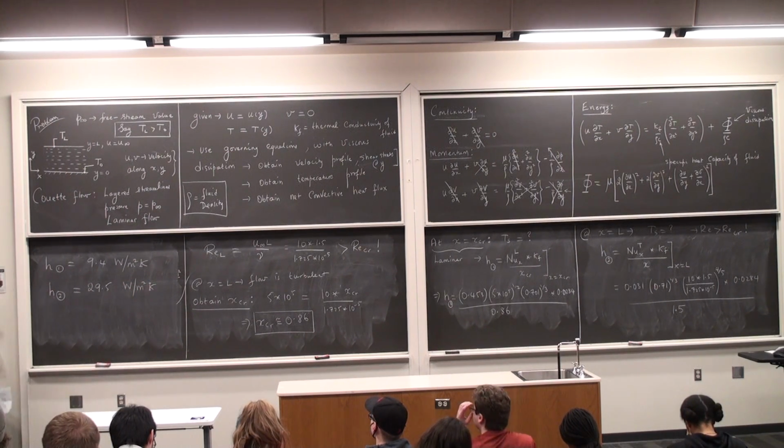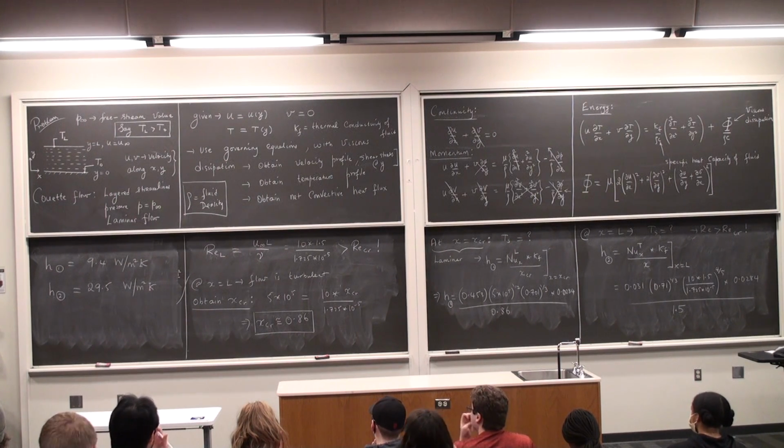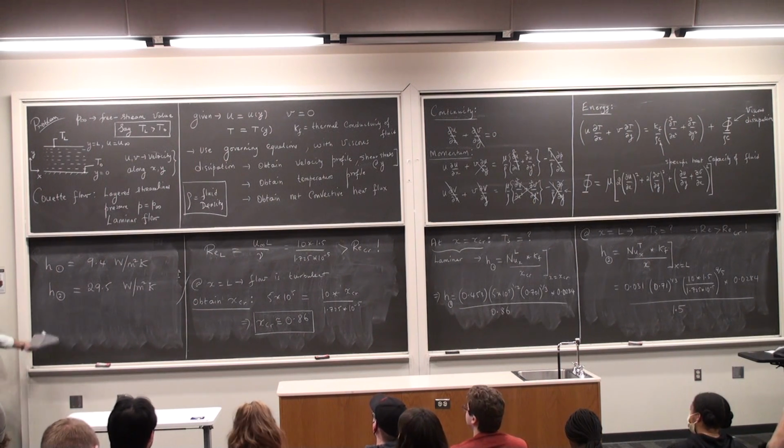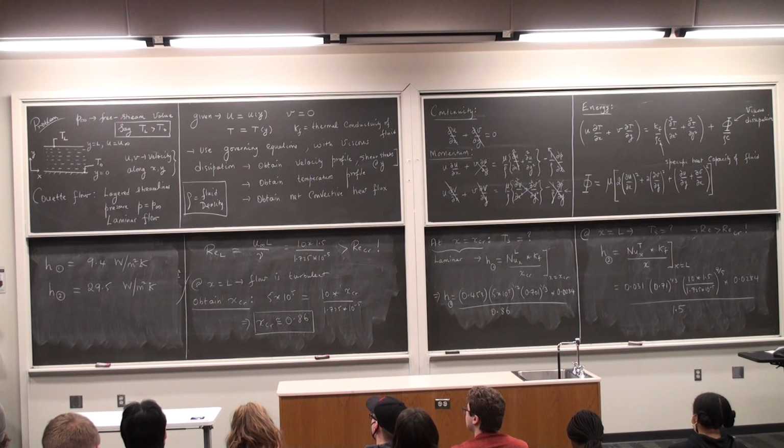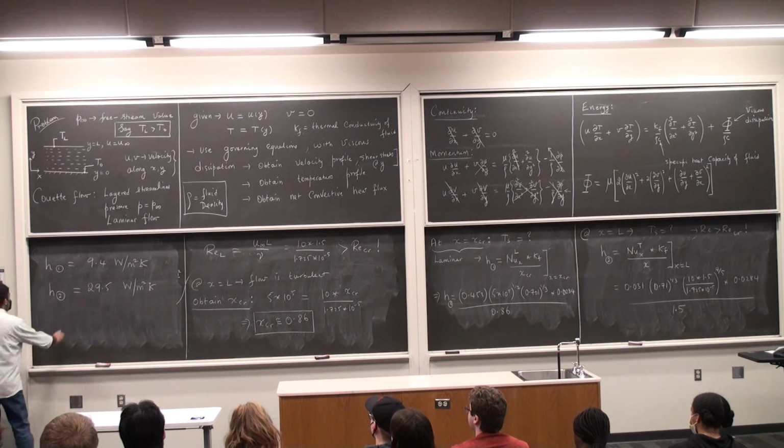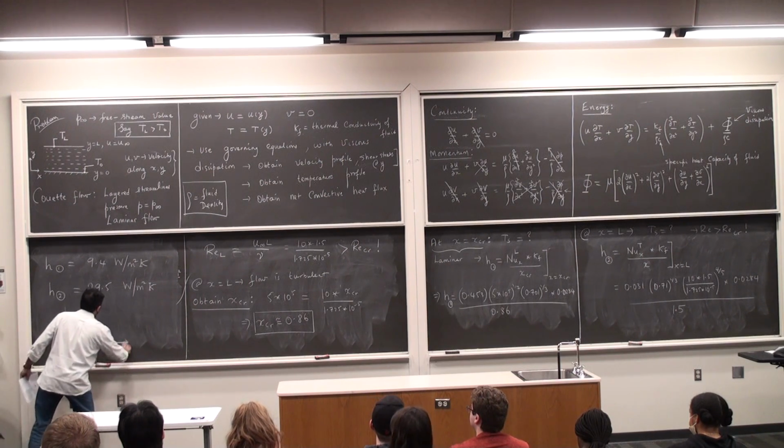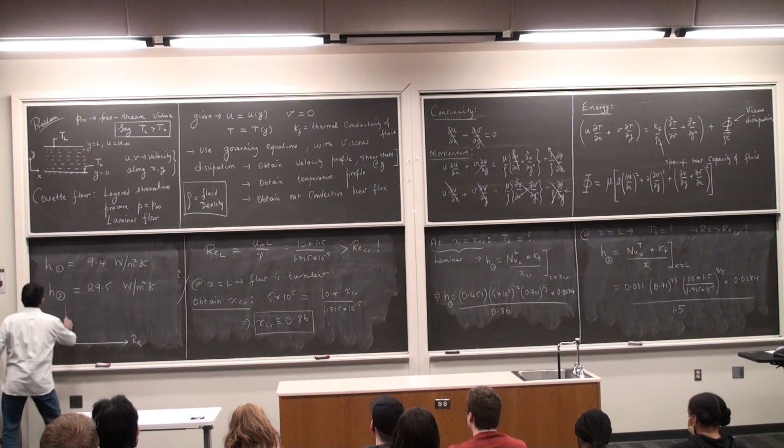Our suspicions were greatly mollified by the fact that, of course, the convective heat transfer coefficient is larger when the flow is turbulent, and I just want to recall the following plot. This is as a function of Reynolds number.